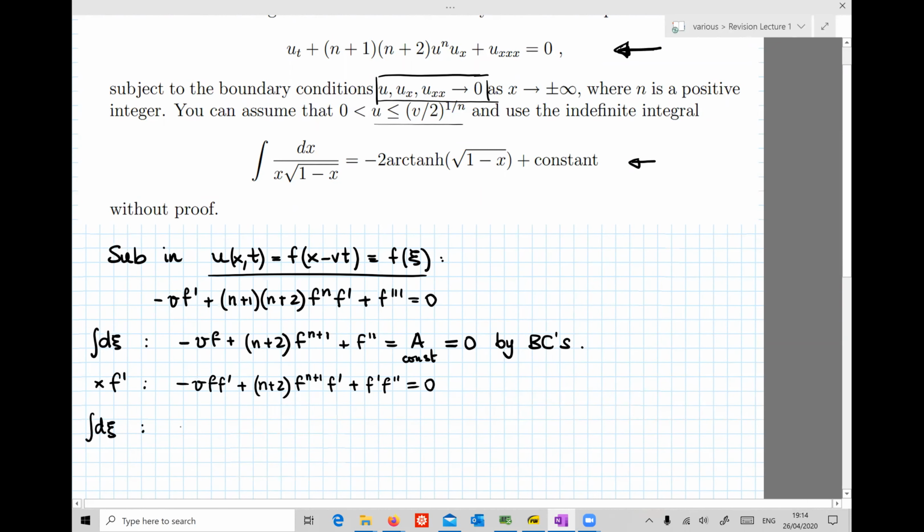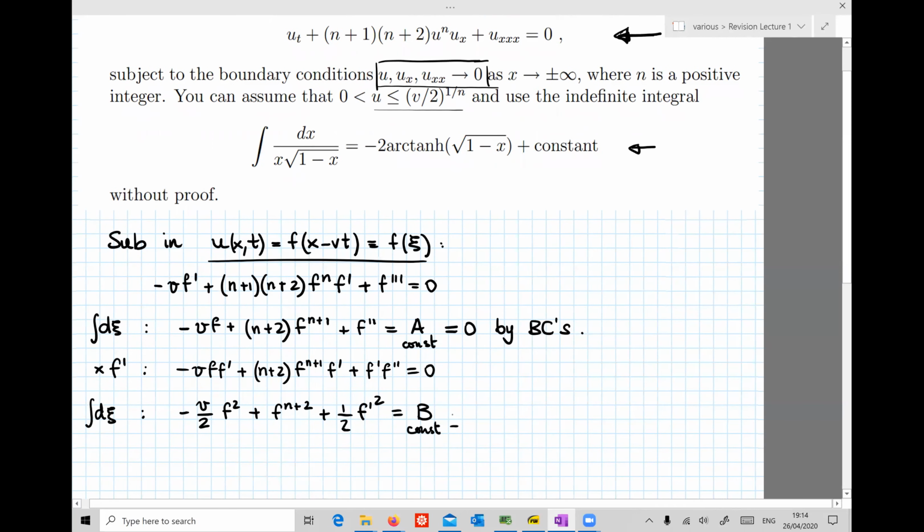So the first term gives me minus v over 2 f squared. The second term gives f to the power n plus 2. And the third term gives 1/2 f prime squared. Now this is equal to another integration constant b, which once again we can fix by looking at the boundary conditions. And because the boundary conditions set the field and its derivatives to 0, b is also equal to 0.